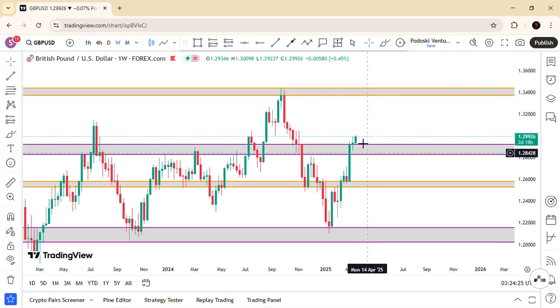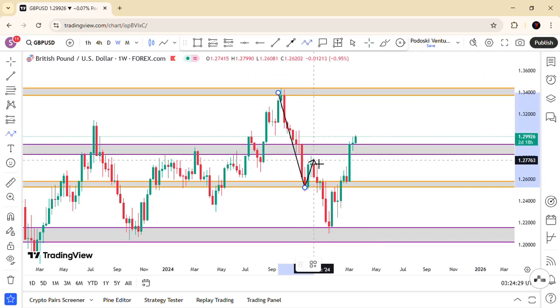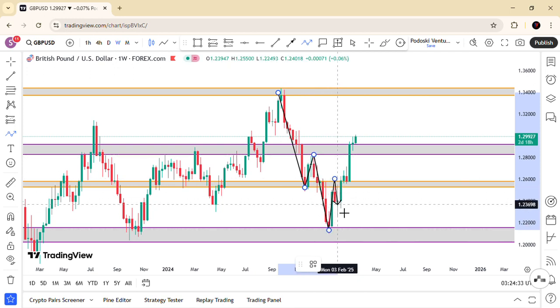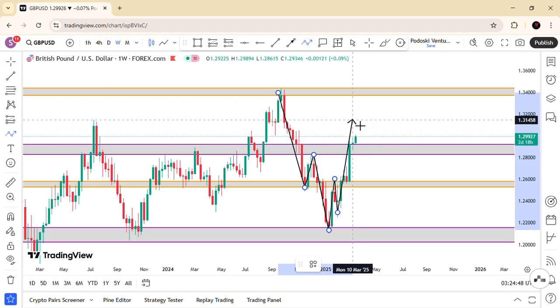So you can see here we had a lower low, a lower high, then a drop creating a lower low, then boom, it broke the previous lower high, breaking the second previous lower high, and price is still in an uptrend.